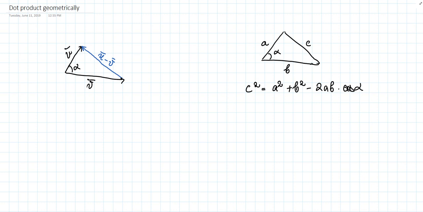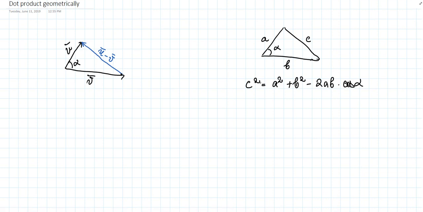So how can we write down the Cosine theorem for our vectors, u and v, in the subtraction? Actually, I cannot just write u squared, right? Because it doesn't mean anything. You know what I mean? I cannot square the vectors. We don't have such operations. But we can square the size of the vector, right? So what is going to be the length of this side of the triangle? It's the length of the vector u, right?